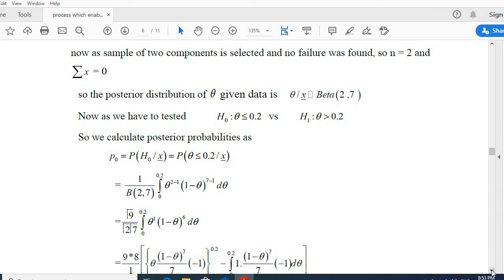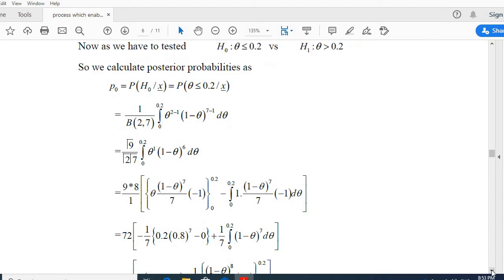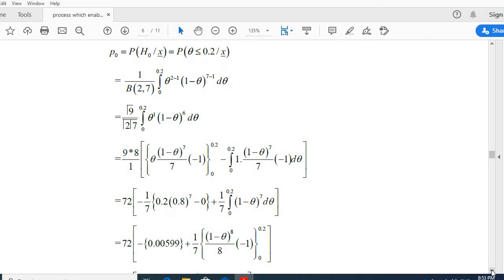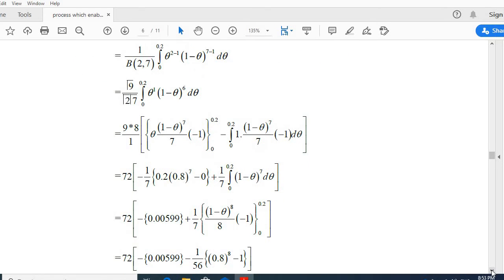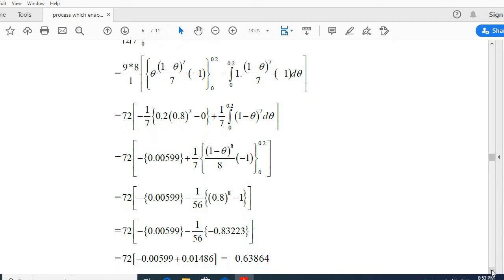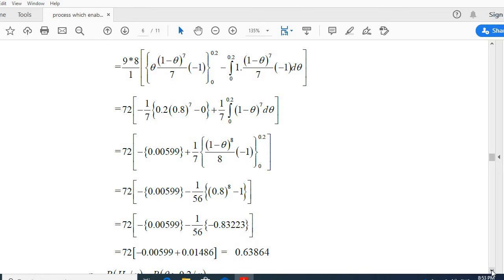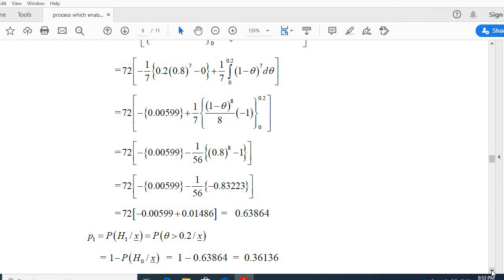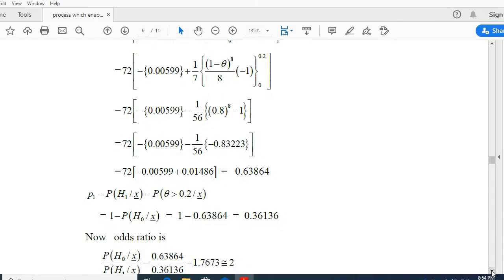After applying the beta function and integrating, we obtain, you can see here the derivation, and also I have shared the PDF document of this video. You can see here we obtain 0.63864. Therefore P1 is equal to P(H1 given x) is equal to P(theta greater than 0.2 given x) is equal to 1 minus P(H0 given x) is equal to 1 minus 0.63864 is equal to 0.36136.